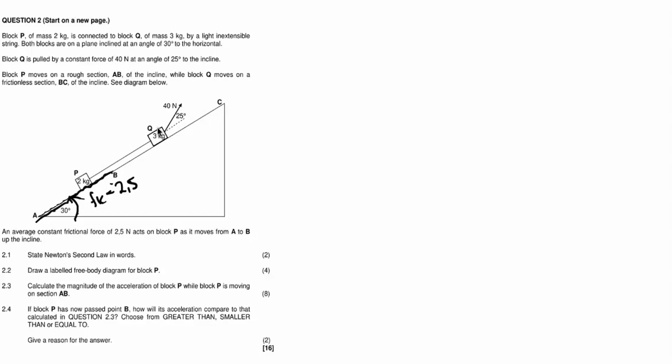See the diagram below. An average constant frictional force of 2.5 newtons acts on block P as it moves from A to B up the incline. So as it moves from A to B, it experiences 2.5 newtons there.